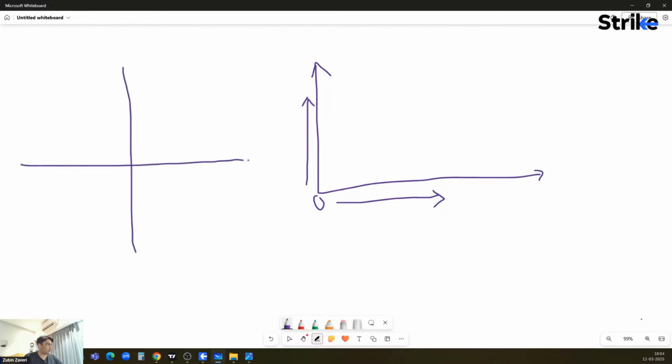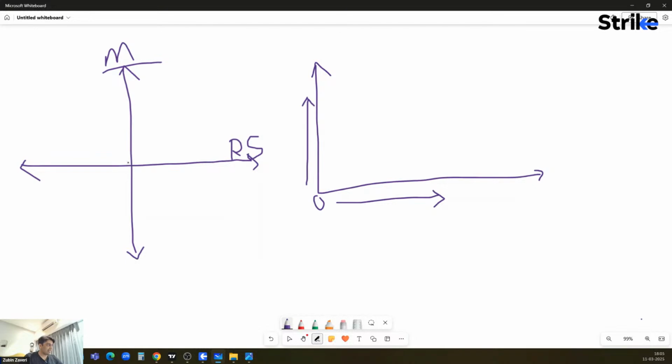RRG has four quadrants, with an x-axis and y-axis. Now, on the y-axis, what gets plotted? The momentum of that particular stock or the index gets plotted on the y-axis. And on the x-axis, RS gets plotted, RS meaning the relative strength of that particular stock or that particular index.